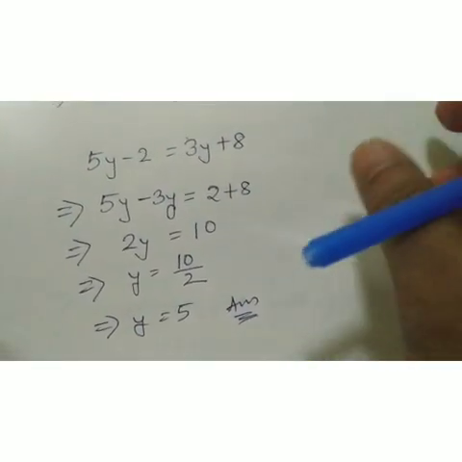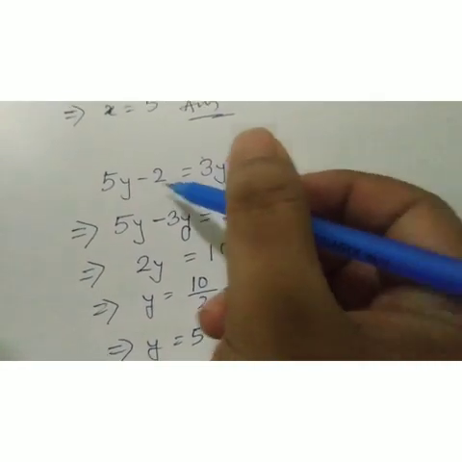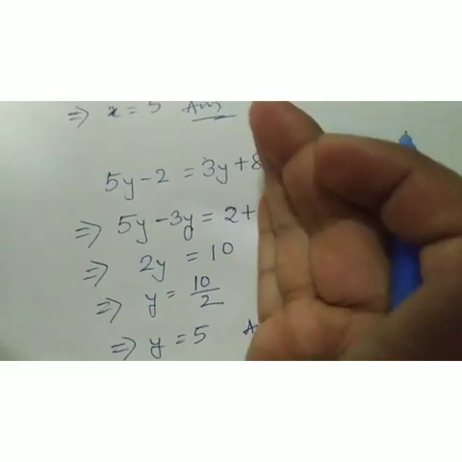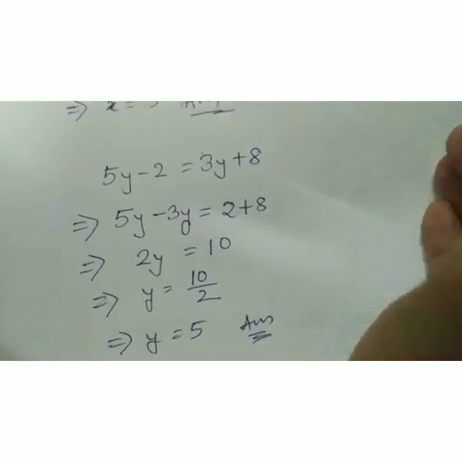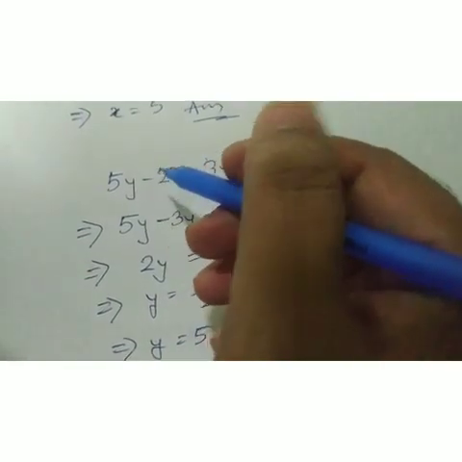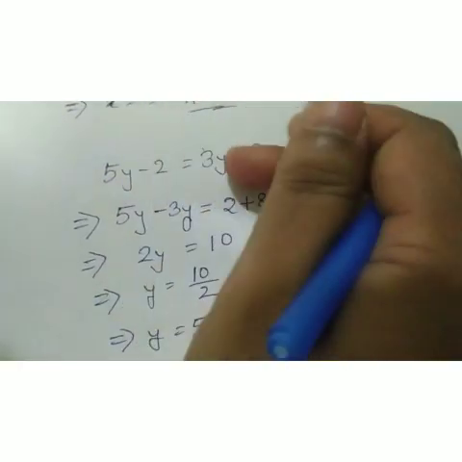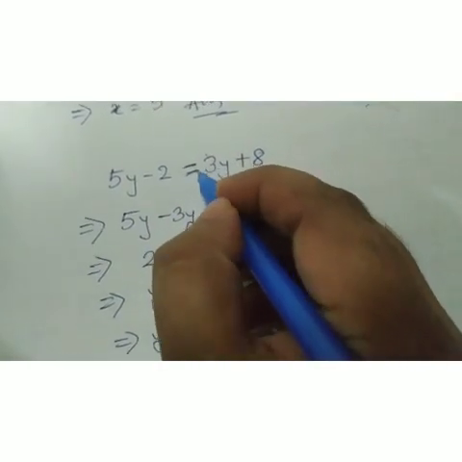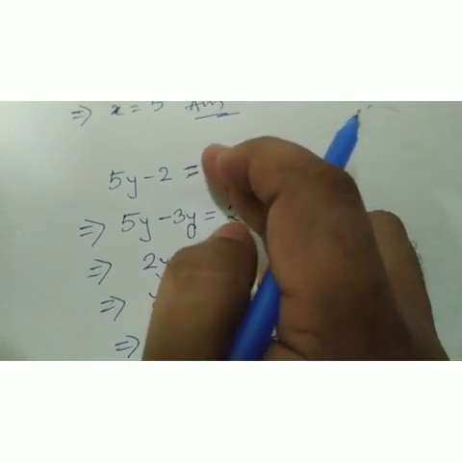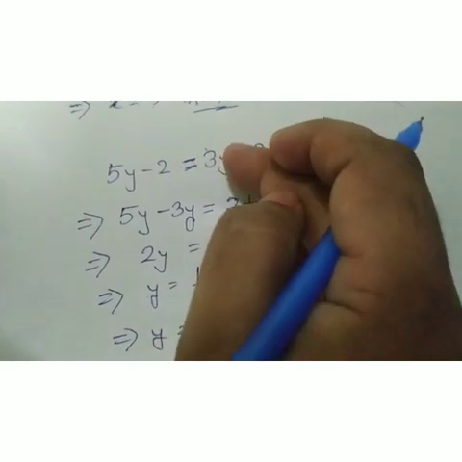So this is how we can solve an equation. Remember, whenever we have variables, always shift the variables to the left side, and always shift the constants to the right side. If we shift a particular term to the opposite side of the equal sign, please remember that the sign will also change.